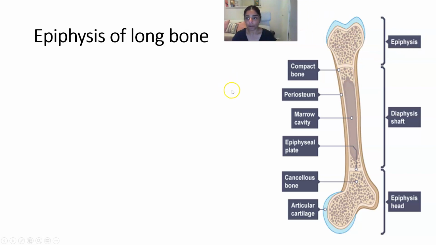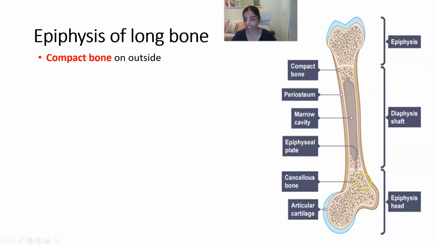Now, if we look at the epiphyses of the long bone, so this is the region at the bottom and the top end of the bone. So this picture of bone is inverted, and this region, as I said before, would articulate with the pelvis, and this region would articulate or interact with the knee joint. We can see that there are lots of holes in this area of the bone tissue, like a sponge, so hence it is often described as spongy bone.